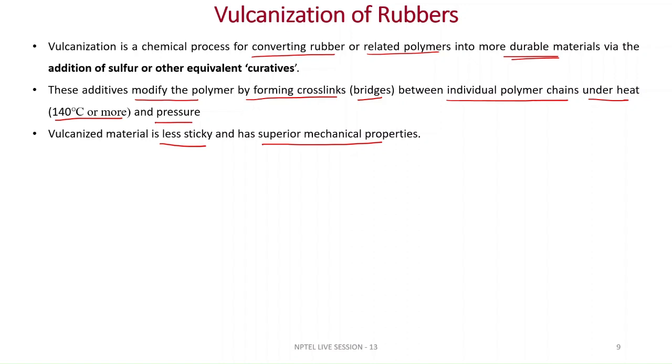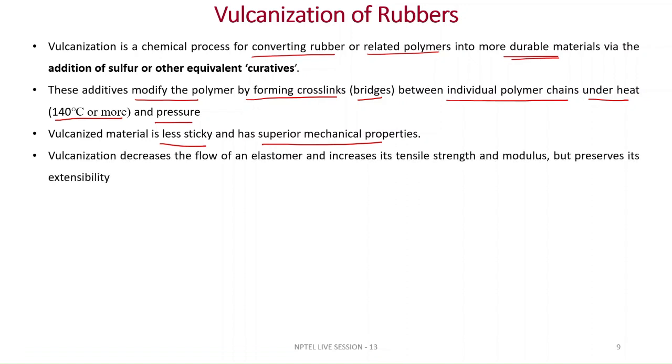For that, vulcanization is done. Vulcanization decreases the flow of an elastomer and increases its tensile strength and modulus, but preserves its extensibility. It becomes harder by the vulcanization process.